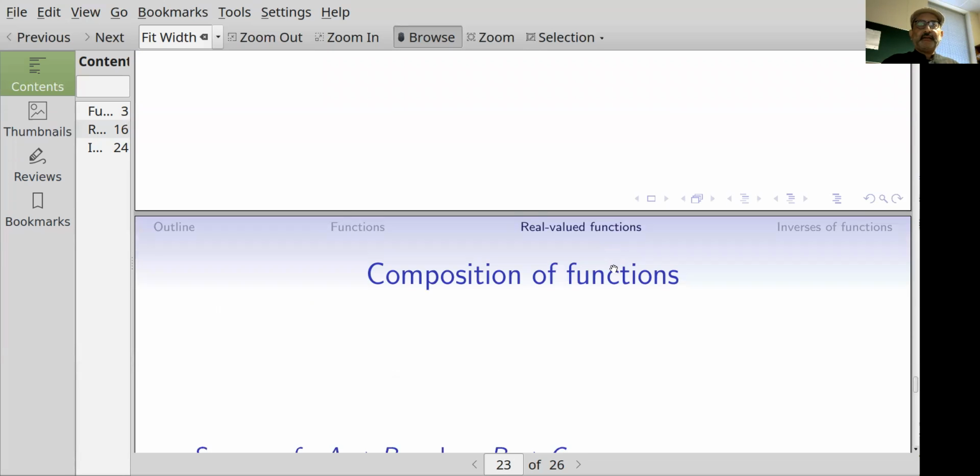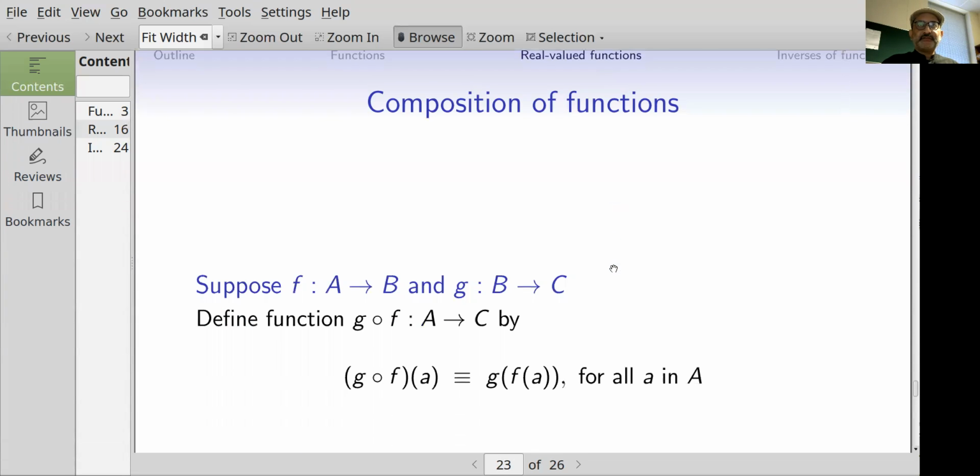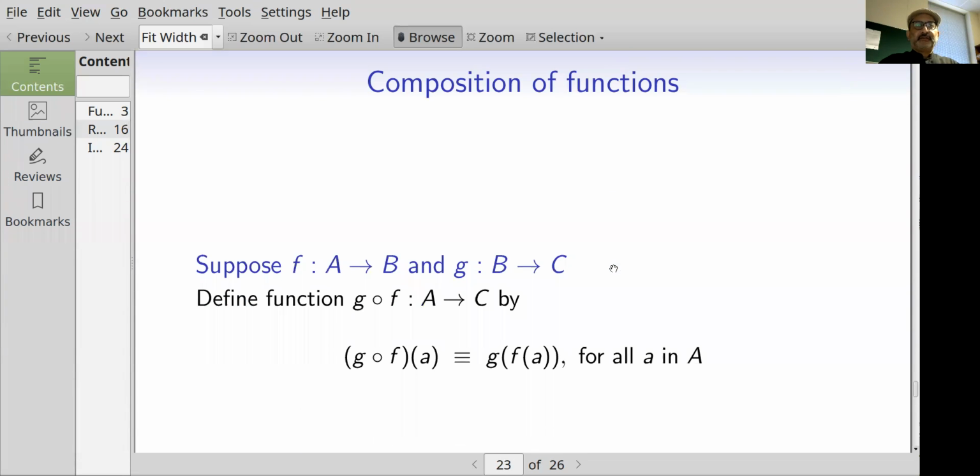Okay, and now we define the composition of functions. Supposing that f maps A to B and g maps B to C, g composed with f maps A to C, and it's defined like this. The composition of g with f acting on a gives me g of f of a.